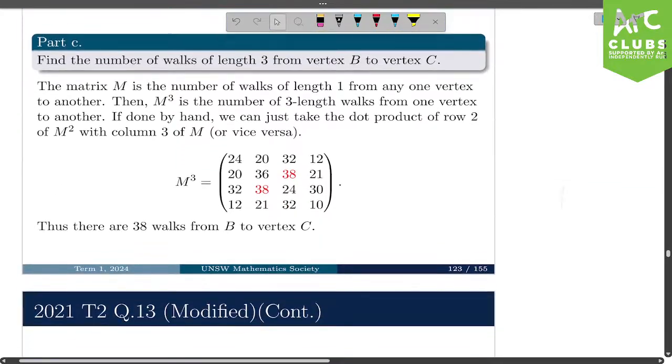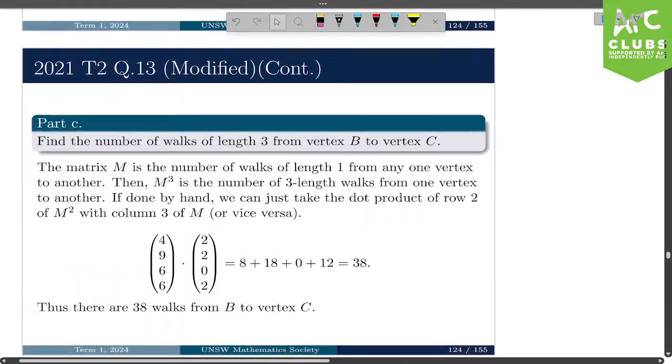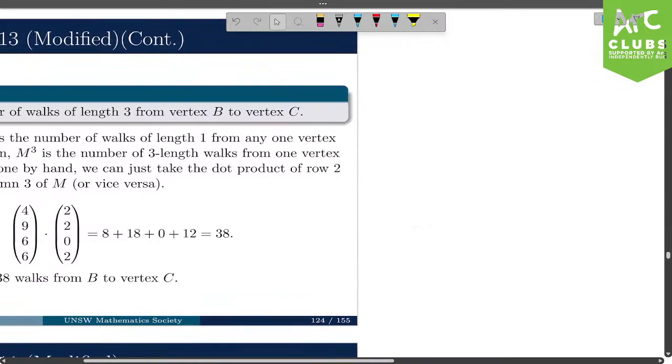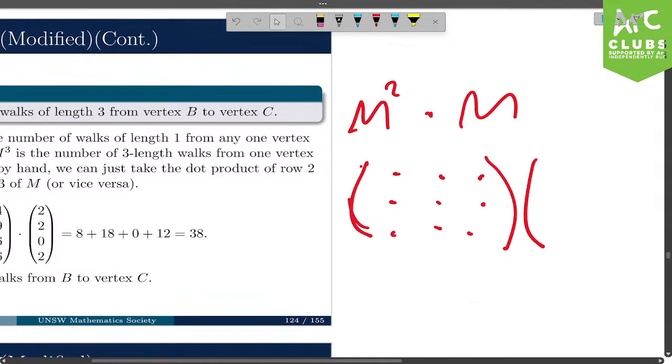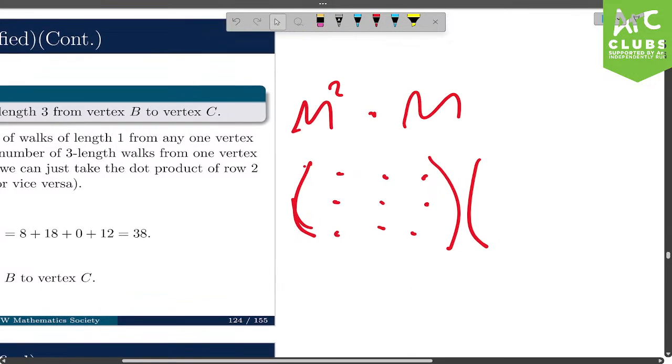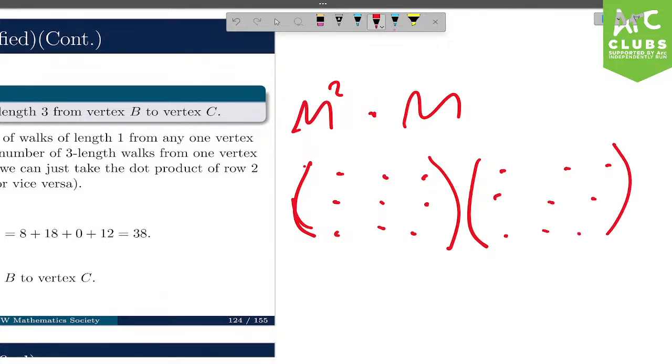If you're doing this by hand, just a little tip: when you do the matrix multiplication between, say, m squared and m, you have some 3 by 3 matrix. And if you only need to know the number of walks from one vertex to another, say the left one is m squared and the right matrix is m, you can just multiply the row and the column that they go between.